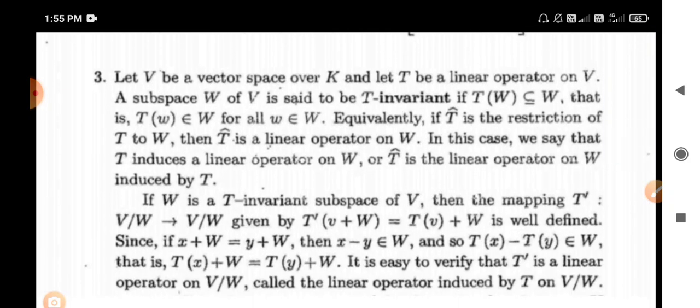So consider another example. In that example we see the next definition, that is, T invariant subspaces.